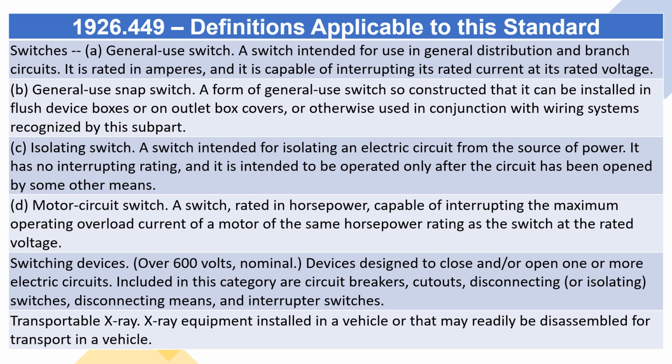C. Isolating switch. A switch intended for isolating an electric circuit from the source of power. It has no interrupting rating, and it is intended to be operated only after the circuit has been opened by some other means. D. Motor circuit switch. A switch, rated in horsepower, capable of interrupting the maximum operating overload current of a motor of the same horsepower rating as the switch at the rated voltage.